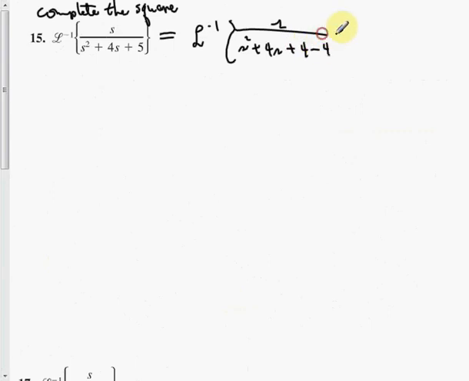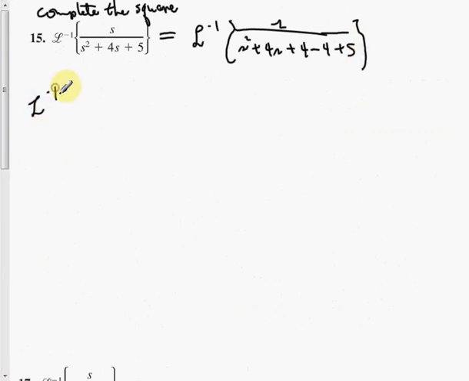So this is the inverse transform of s over s squared plus 4s plus 5. I take half of 4, I get 2. I square that 2, I get 4. So I'm going to add 4 and subtract 4 downstairs, then plus that 5.